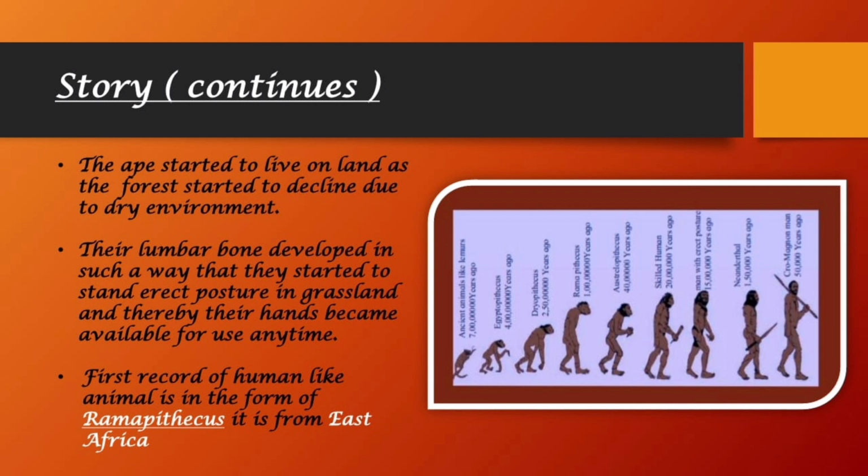The morphology, that means external character, of these human-like animals started to appear like that of a member of the genus Homo about 20 lakh years ago, and thus skilled human developed. About 15 lakh years ago, human walking with erect posture evolved. It may have existed in China and Indonesia of the Asian continent.